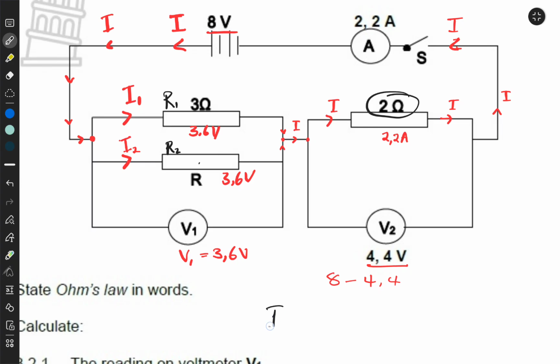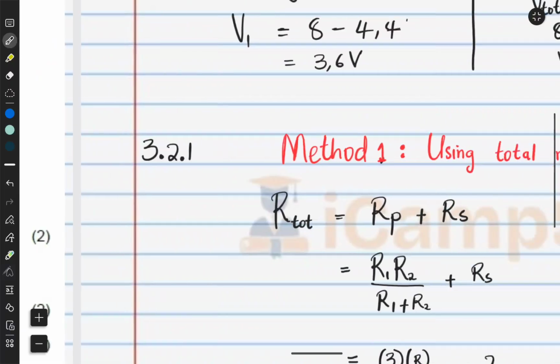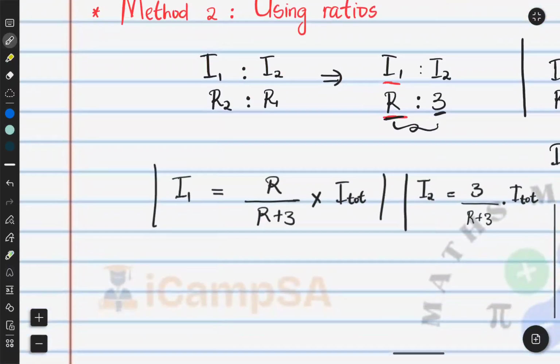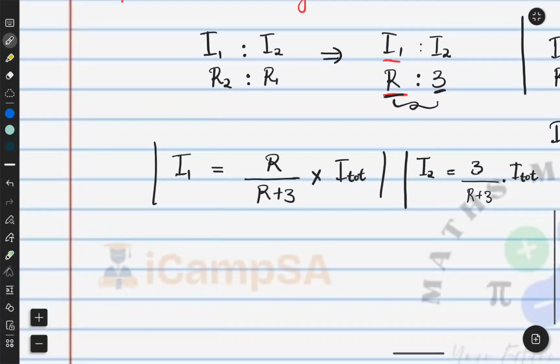So we know that I1 has to be V1 over R1, right? That's all. So you can come here and do it. This is V1 over R1. Let's continue.